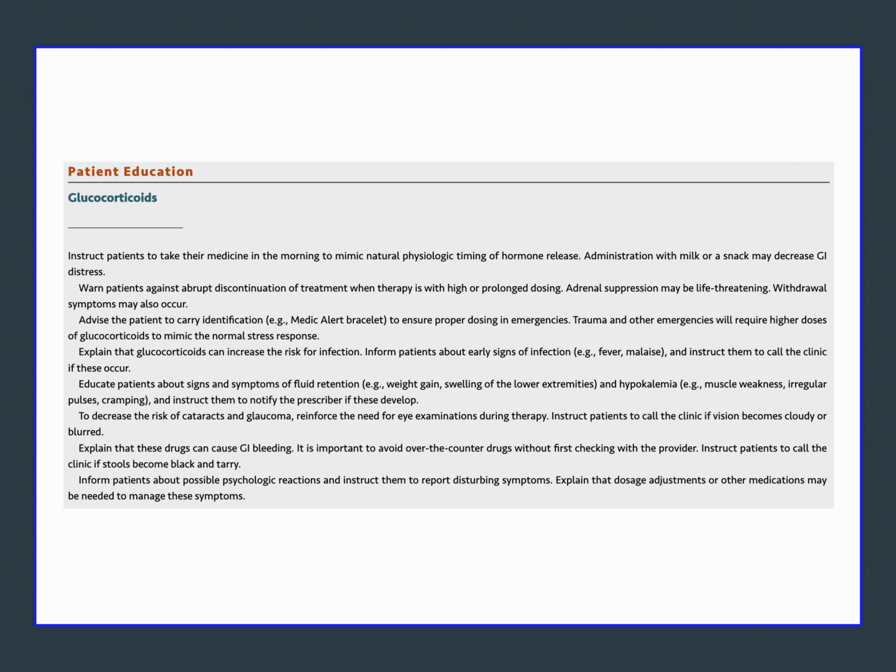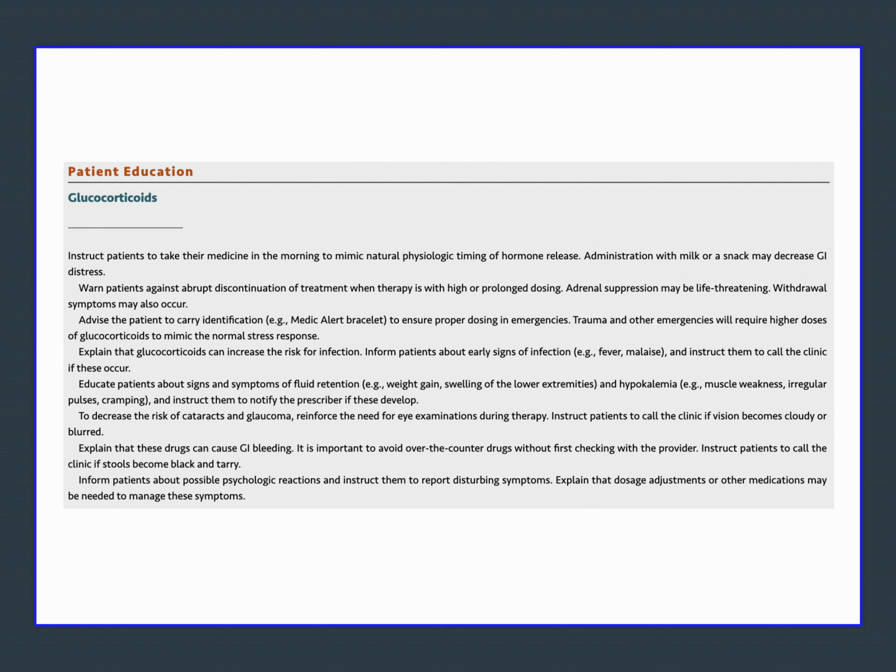They might need a medical alert bracelet so that it can be properly recognized in any type of emergency, knowing that their body is already receiving glucocorticoids every day. But also remember, during stress responses, your body makes even more glucocorticoids.